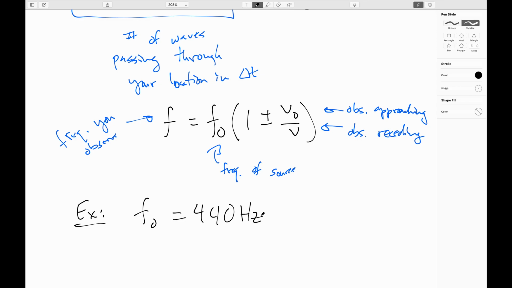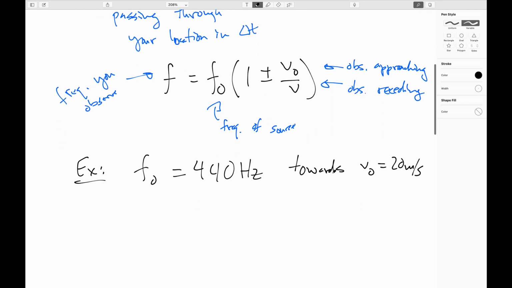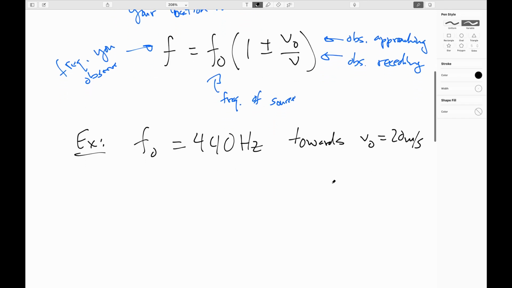And we said you were going towards it at v_O equals 20 meters per second. So just to estimate things, we already know that since you're approaching, it should sound higher. So you expect a number bigger than 440. Let's see what we actually get.